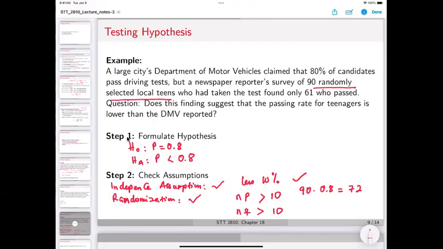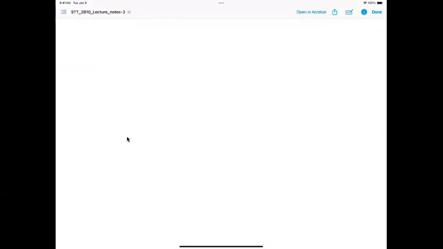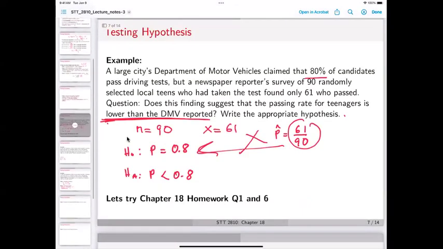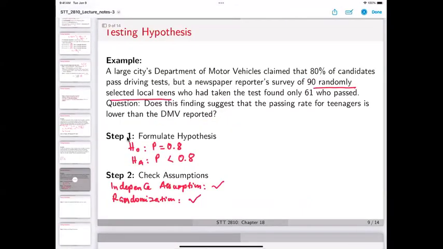So we did np to be 90 times 0.8, which is 72.